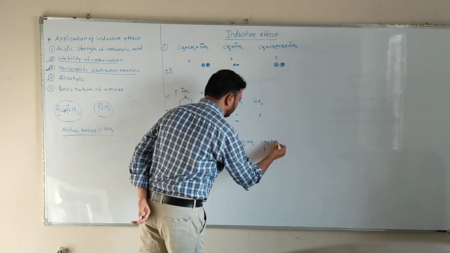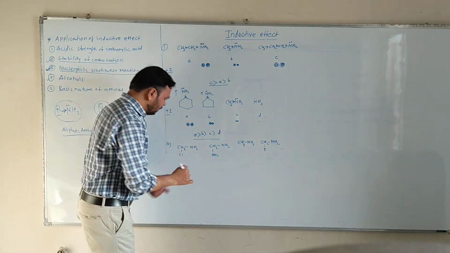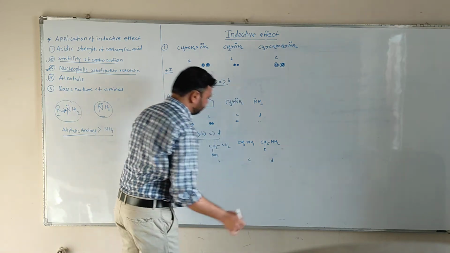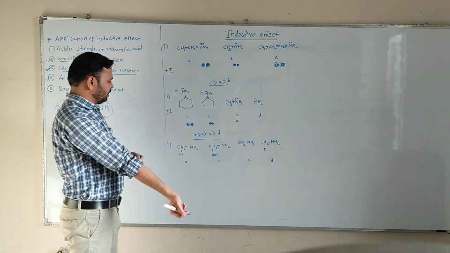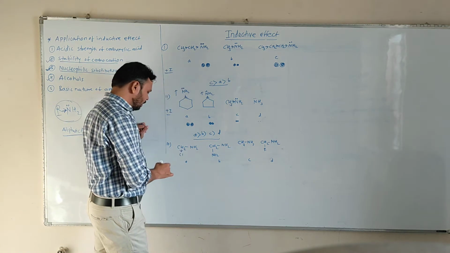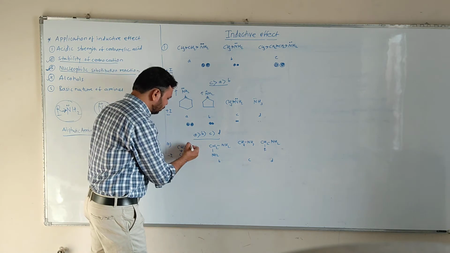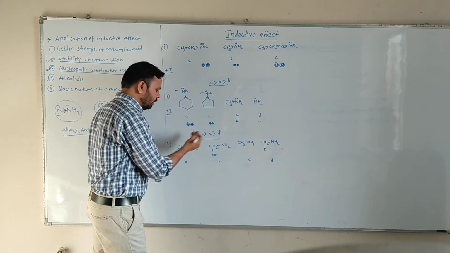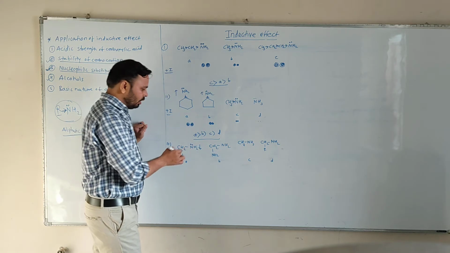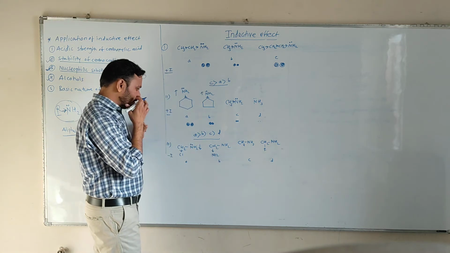So this is example C. In this example, this is A, this is B, this is C, this is D. In the case of the first example, the electron withdrawing effect is here. This is the minus I effect. So the lone pair is withdrawn, meaning the electron density will decrease. In this one, also, it is electron withdrawing.